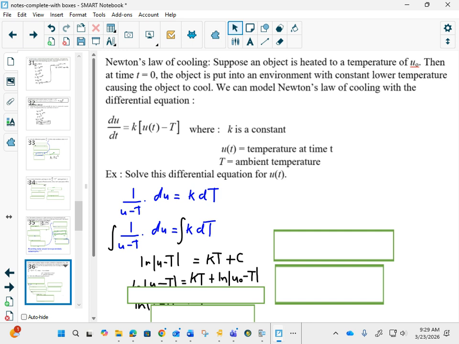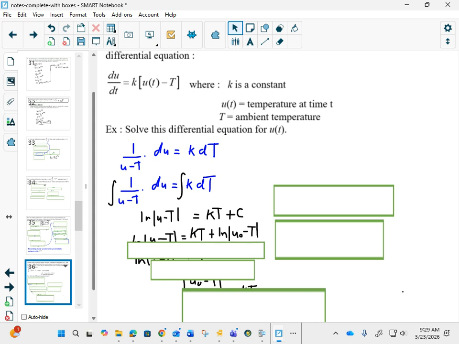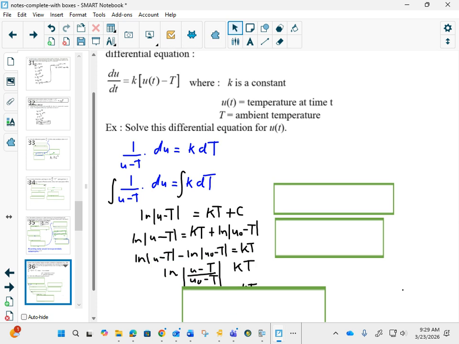And now we're going to just do some algebra to rearrange things. Okay, so a little bit of explanation of what's going on here.